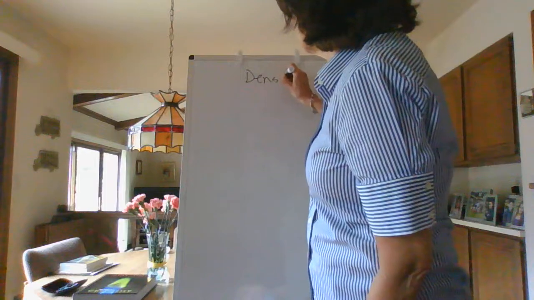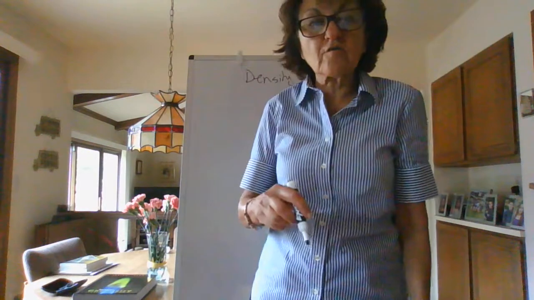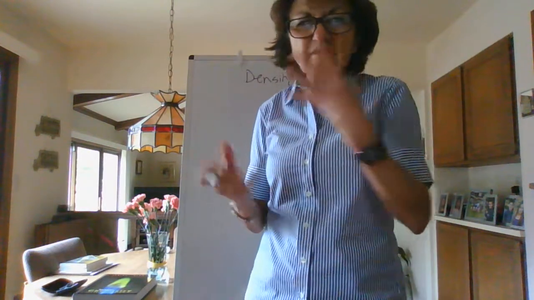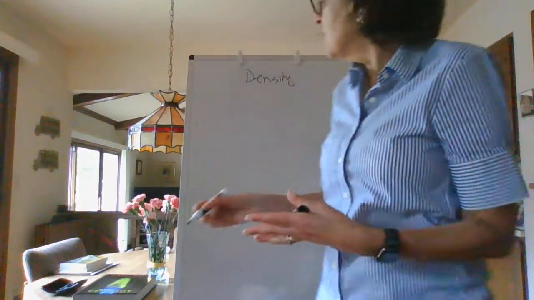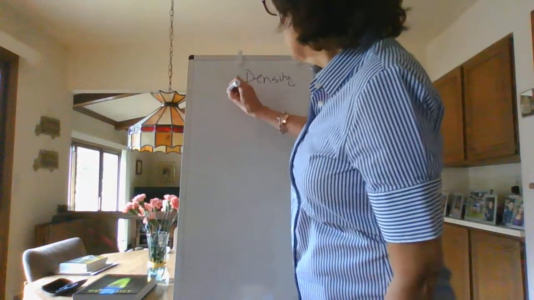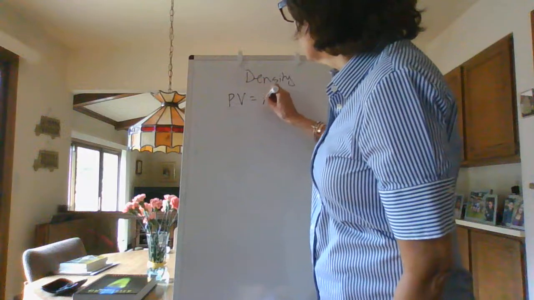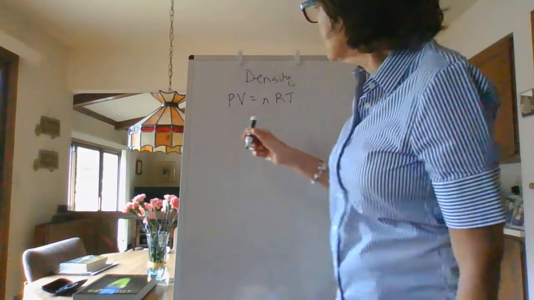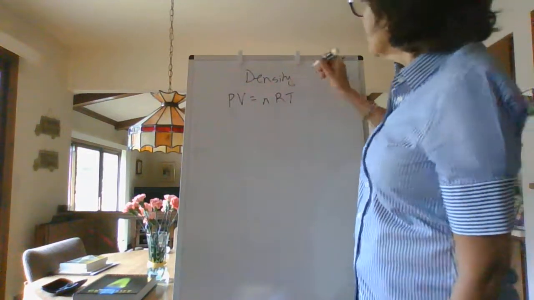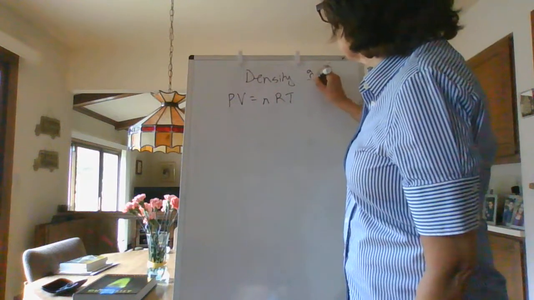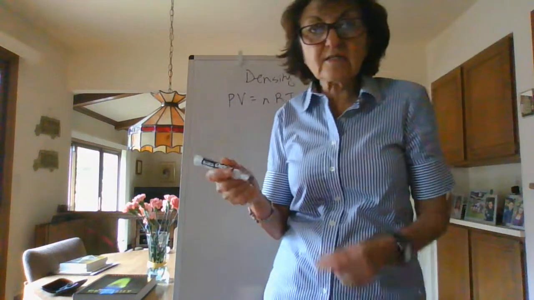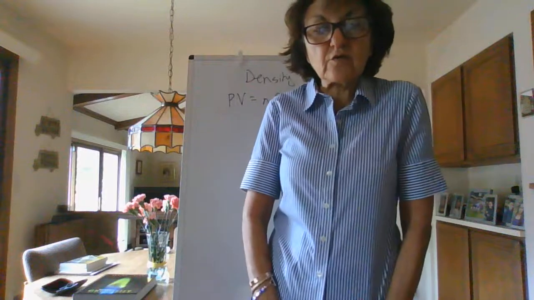Now you guys know what density is. Density is mass over volume. Well, how does that work with the ideal gas law? Well, think of it this way. The ideal gas law is PV equals nRT. And for density, we want grams per liter. That would be the density of a gas is usually in grams per liter.